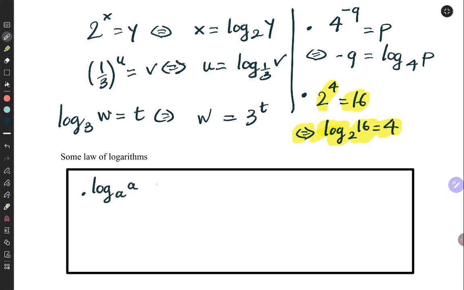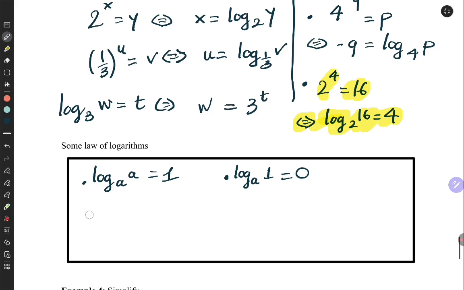Logarithm base a of a equals 1. Logarithm base a of 1 equals 0. Okay. Logarithm base a of a to the power n.